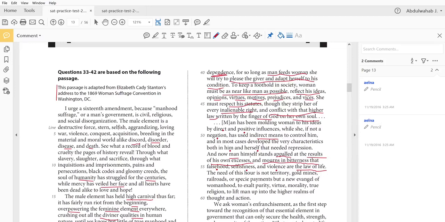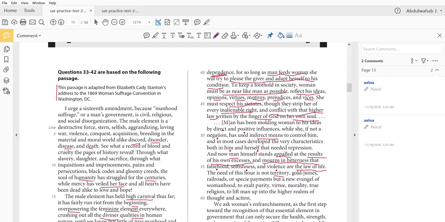It's when you exceed your limits. And they mourn in bitterness and sadness that falsehood, lying, selfishness, caring about only one's self, and violence are the law of life now. The need of this hour is not territory.